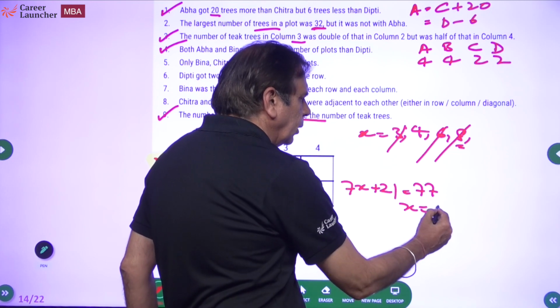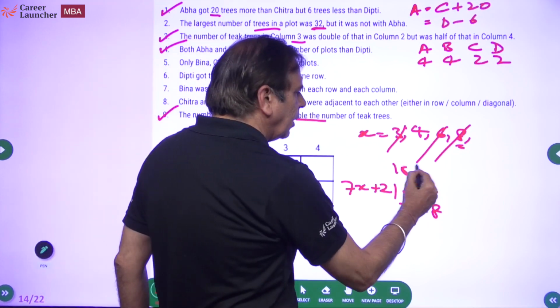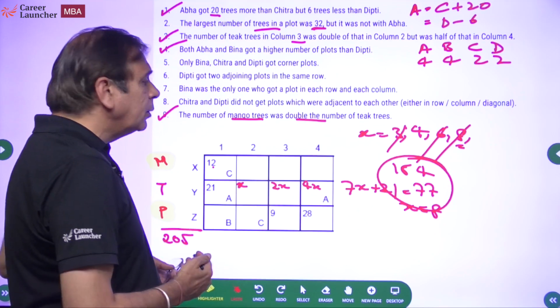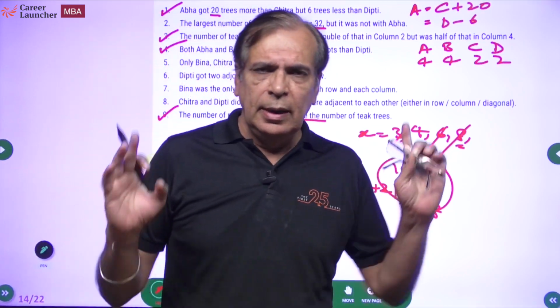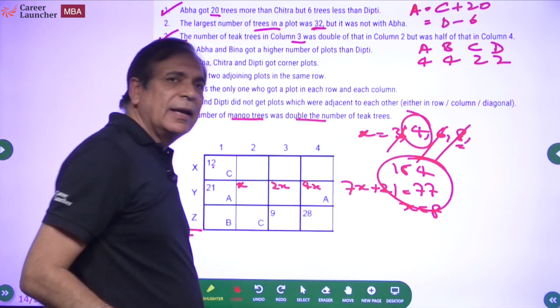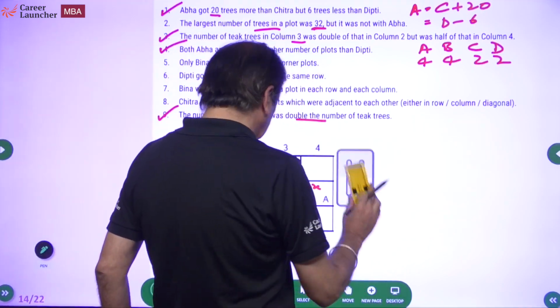For x equal to 8, if this is 77, the number of mango trees is double, so this will come to 154. What is the total number of trees in this case? More than 205. So what does that tell you? x cannot be more than 8. x has to be less than 8, and the only possibility we have for x is 4. So x has to be equal to 4 is something that we have been able to establish.